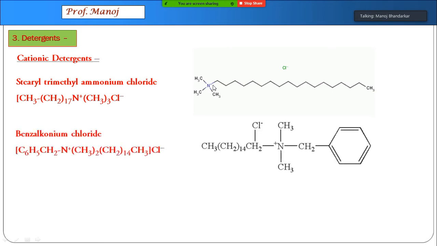Next one, you can see here, now reading this structure from the right hand side. C6H5CH2 is out here. Nitrogen with a positive charge, 2 CH3 groups, CH2 14 times and CH3, and this has a negative charge. This becomes benzalkonium chloride.